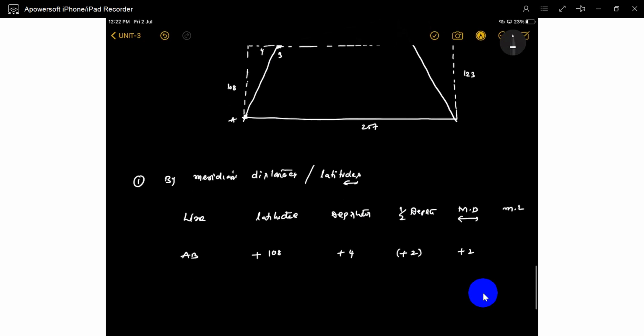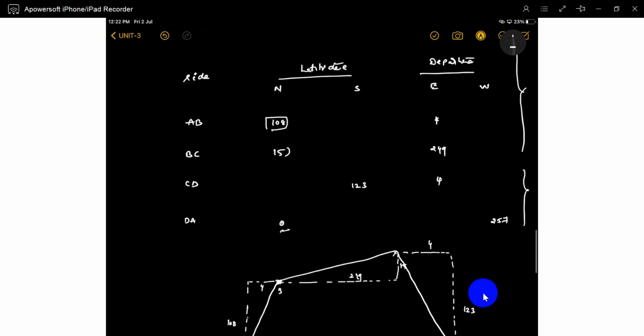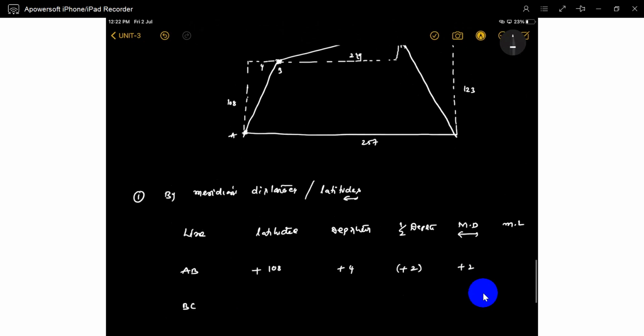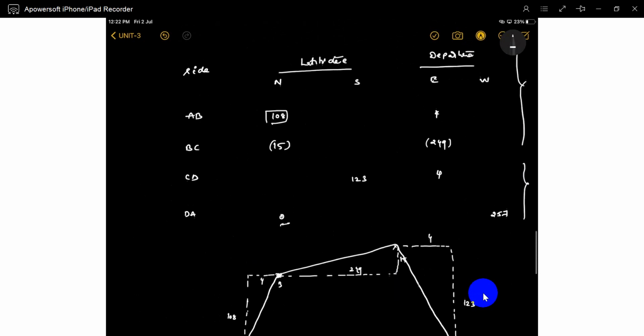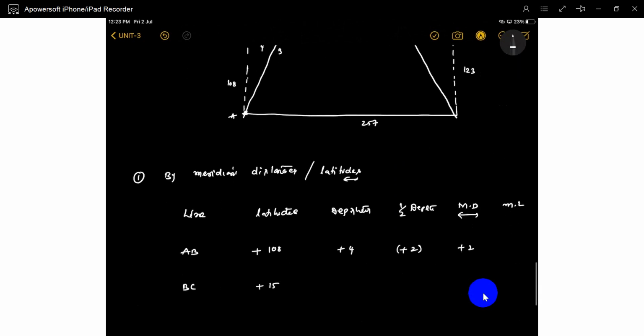If you take BC, the latitude is 15, north side. Departure is 249, also east. Half departure is 124.5.